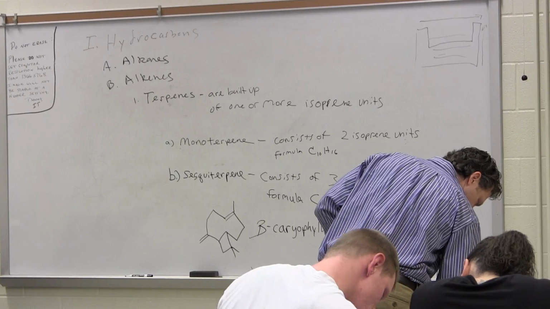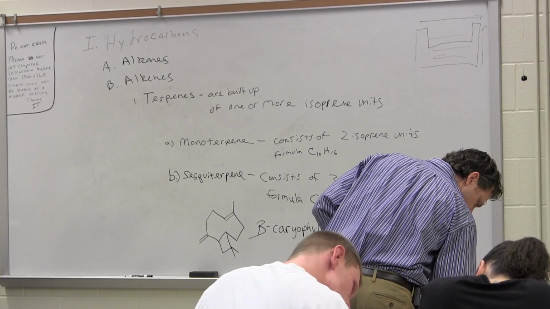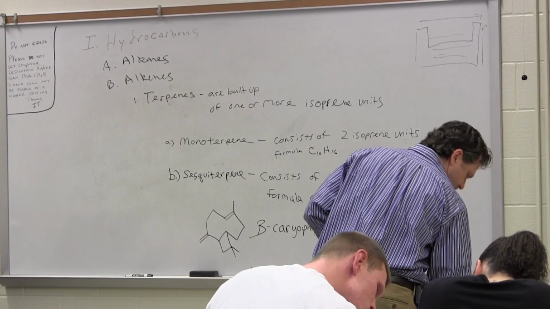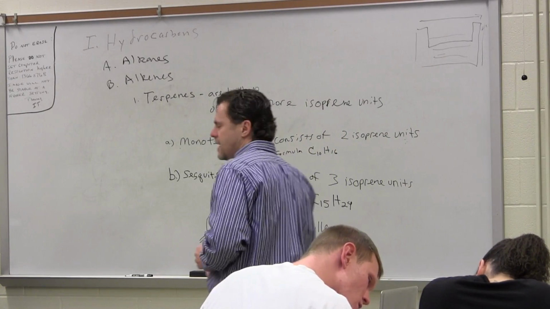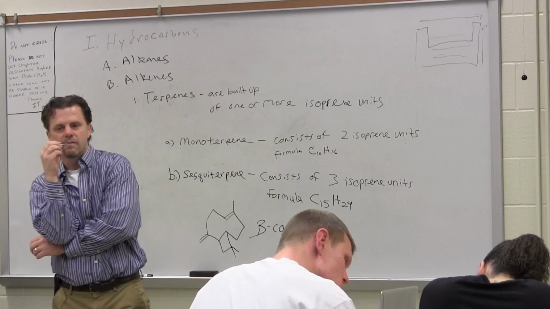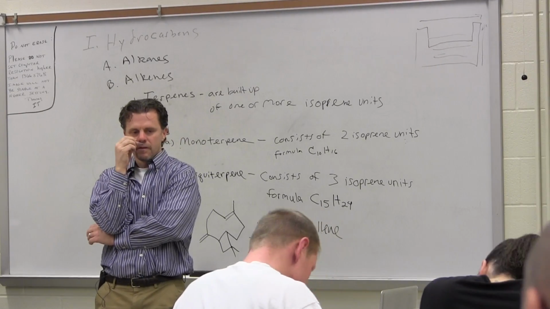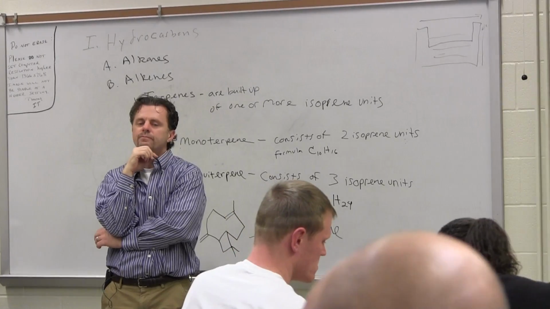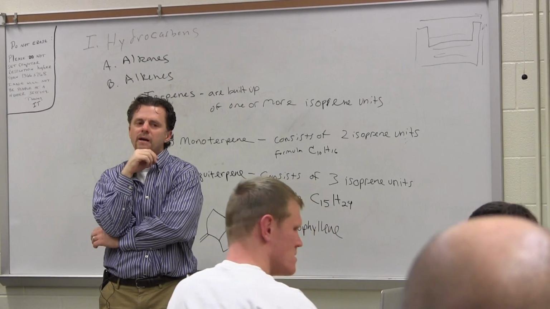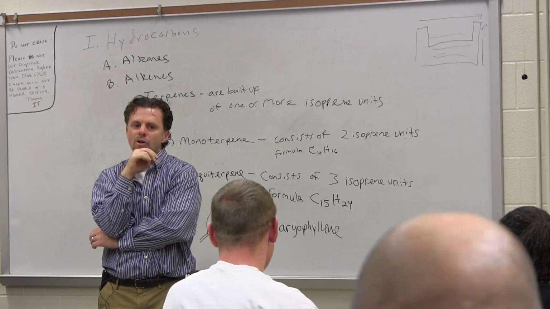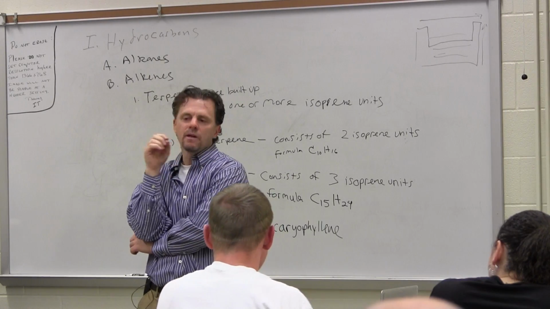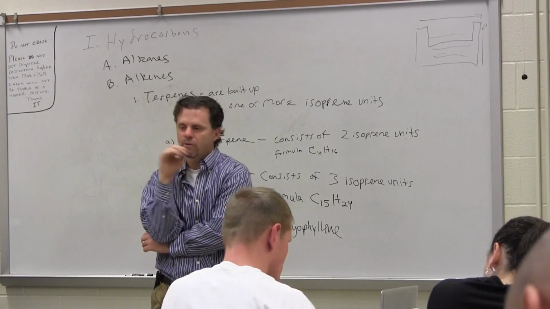If you have the full kit, you already have access to that. It's down there in the last group, in the second to last of the last group. It's usually about 10% in clove oil. You're probably not going to pick it up because clove oil is mainly eugenol, which is an oxygenated component, way different aroma.